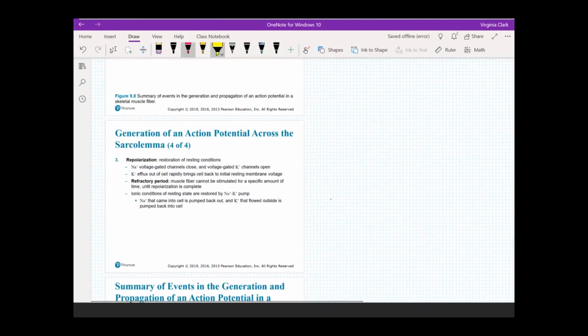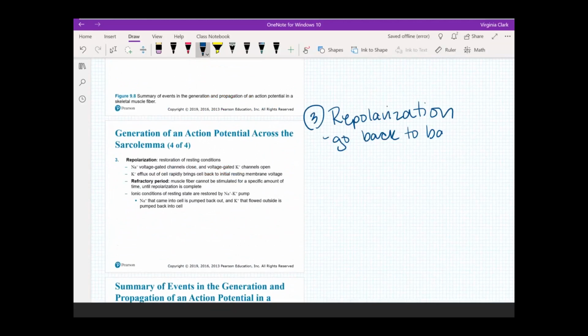And that leads us to the next part, which is part 3, repolarization. After we have opened up all of the sodium channels, we now need to close them, so we need to go back to our baseline. The way we do this is we are going to repolarize.